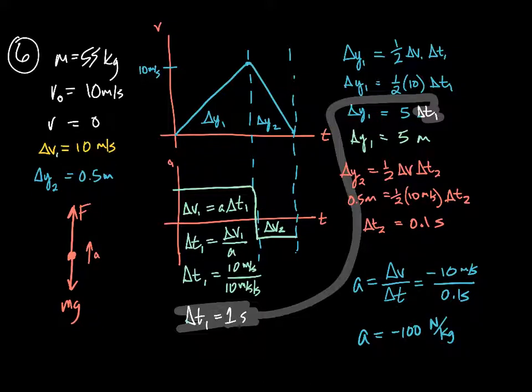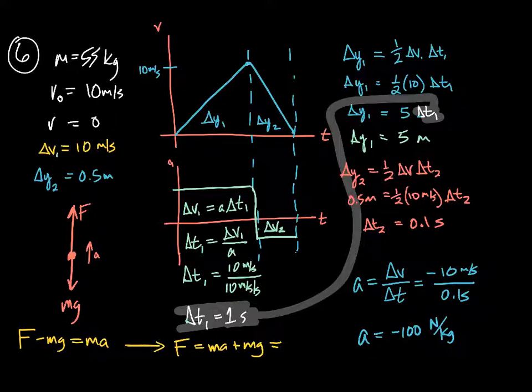So if we sum our forces like we should, we would get the force up minus the weight down equals ma, which means that the force is going to be ma plus mg, and we would just plug and chug into that. And so you're going to have a large force upward.